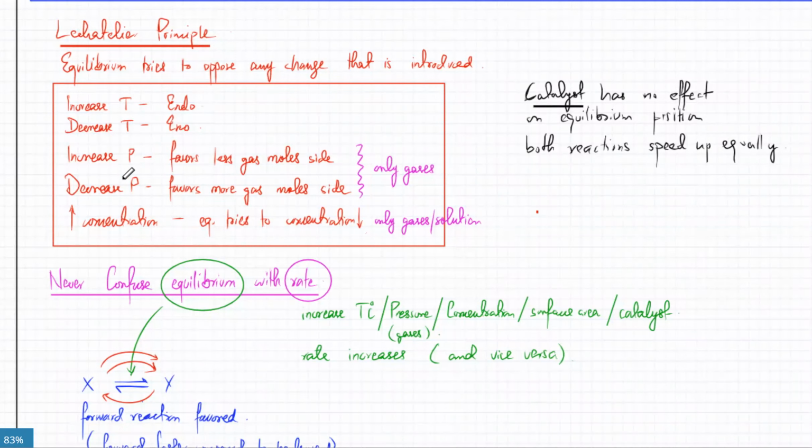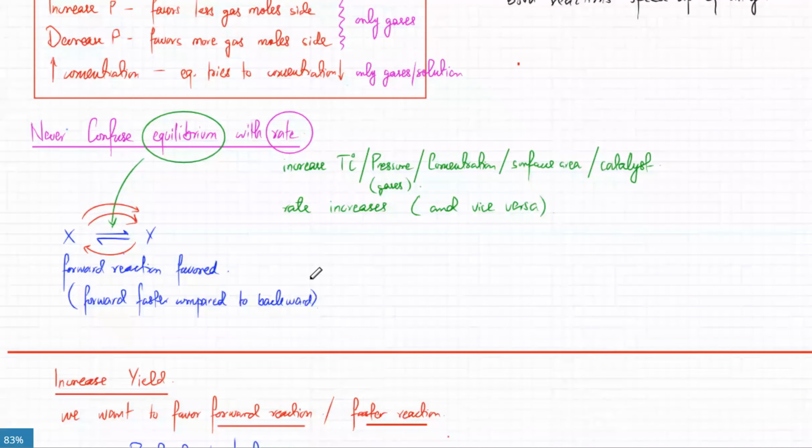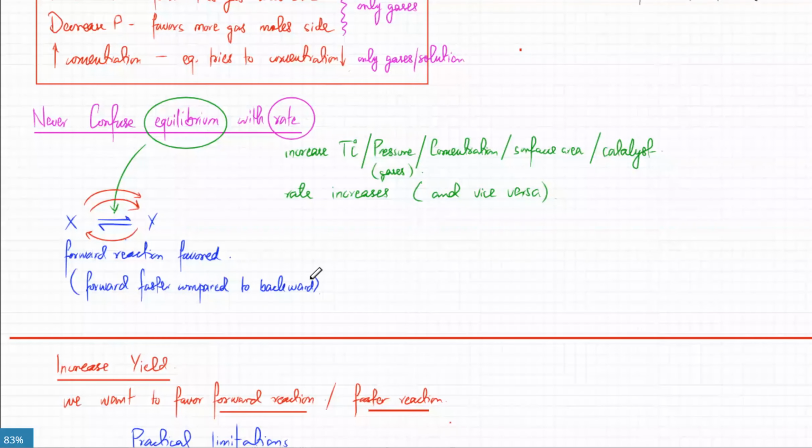So this is the summary. Equilibrium tries to oppose any change that is introduced. And remember, a catalyst has no effect on equilibrium position. Both reactions speed up equally. Now, the important point is, never confuse equilibrium with rate. Rate is something totally different. Equilibrium is something totally different.